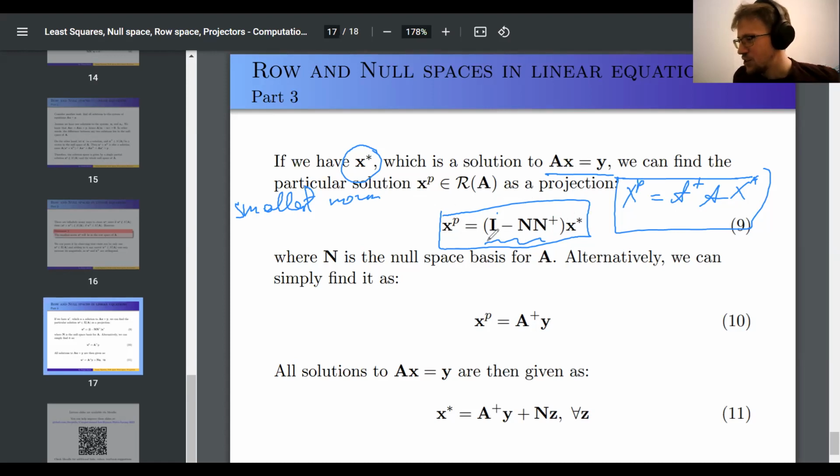Now you're going to encounter those things when you do your research and when you have to find, let's say, the smallest control input that produces the desired output. Let's say you have actuators where some of them are linearly dependent.